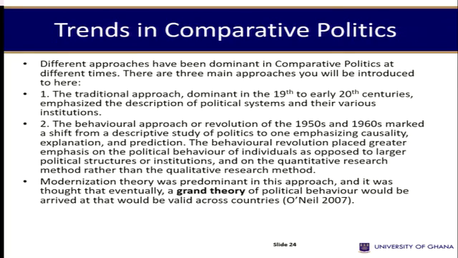So the behavioral approach placed greater emphasis on the political behavior of individuals as opposed to larger political structures or institutions, and on the quantitative research method rather than the qualitative research method. Modernization theory was predominant in this approach, and it was thought that eventually a grand theory of political behavior would be arrived at that would be valid across all countries.